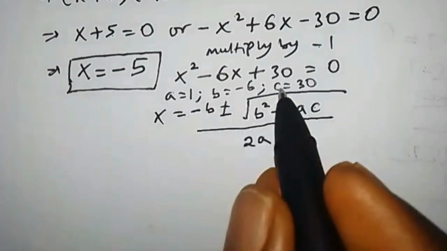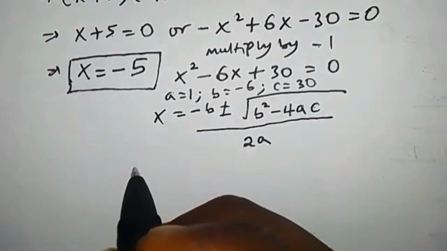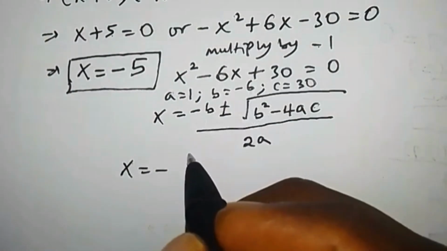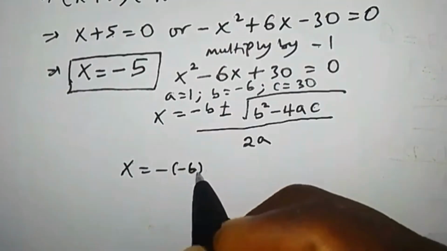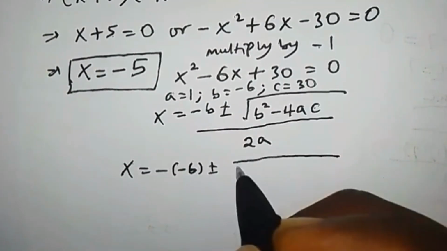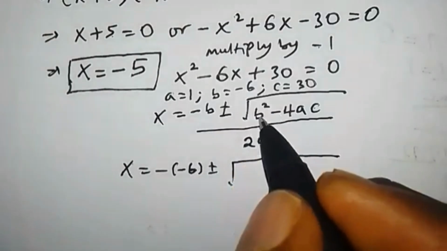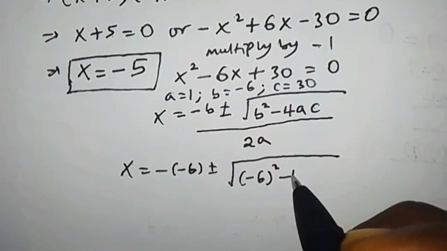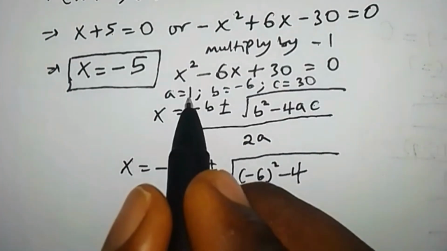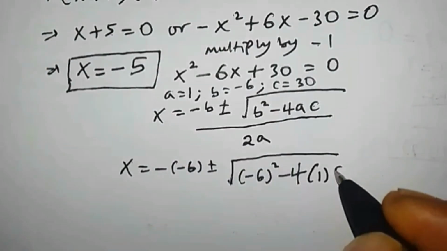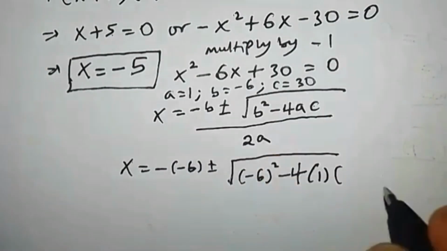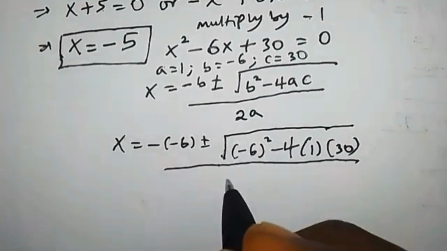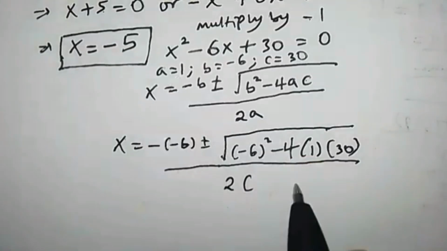So let us plug all these values into the right hand side. x equal to minus, what is b? b is negative 6, negative 6 plus or minus square root of b squared. Plug in this value here, we have minus 6 all squared minus 4. What is a? The value of a is 1, into 1 into, what is c? The value of c is 30. Everything is divided by 2 into a, which is 1.